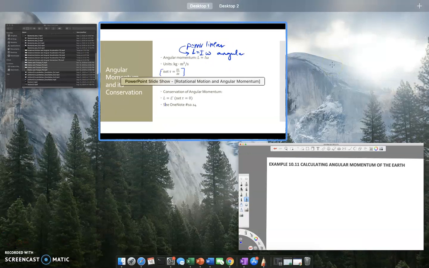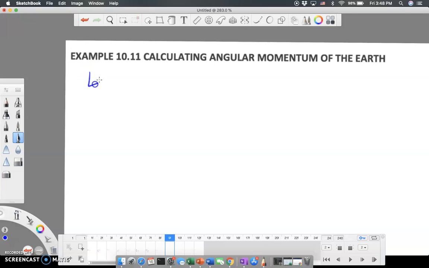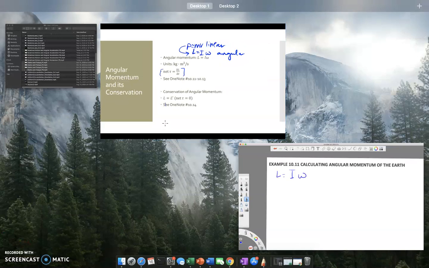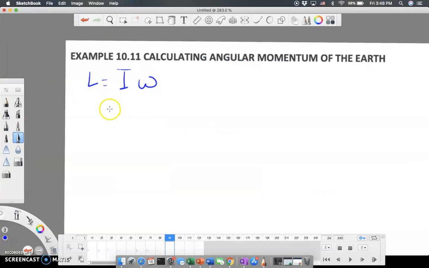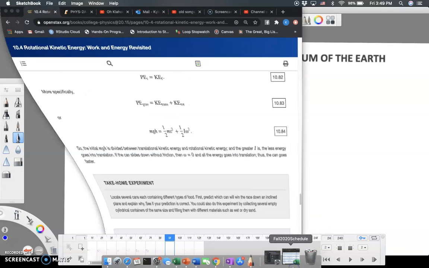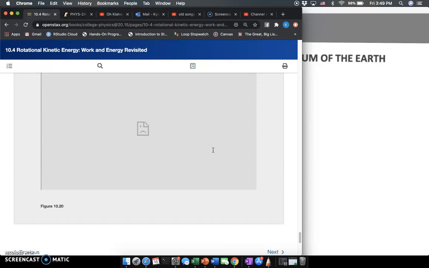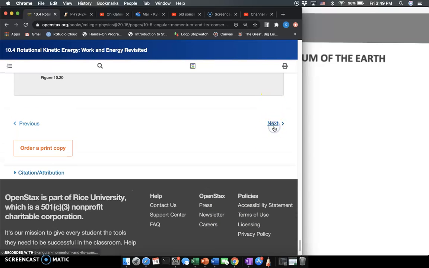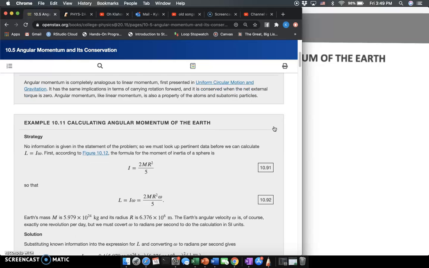Okay, so again, my angular momentum L is equal to moment of inertia times our angular velocity. Okay, and I don't know those right offhand, but I do know that I is going to be some mr squared, and I don't know omega. So let me go ahead and pull up this example because it is given to us in that example, I believe.